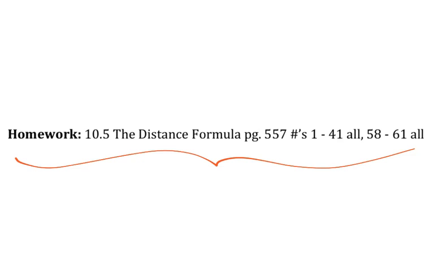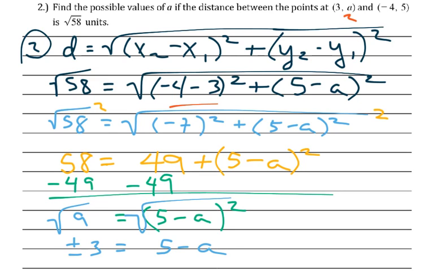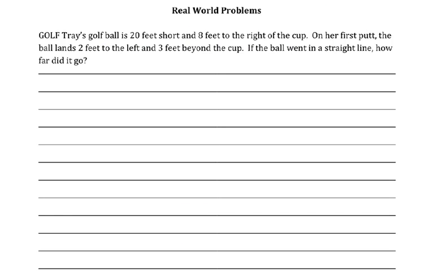Just keep an eye out for some of those small warnings like minus and negative, keeping track of plus or minus. Just small things can throw parts off. And of course, if you were to mix up x2 and x1, that would be possibly a problem. So like I said, this second video is more about the applications of these distance formula problems and concepts.